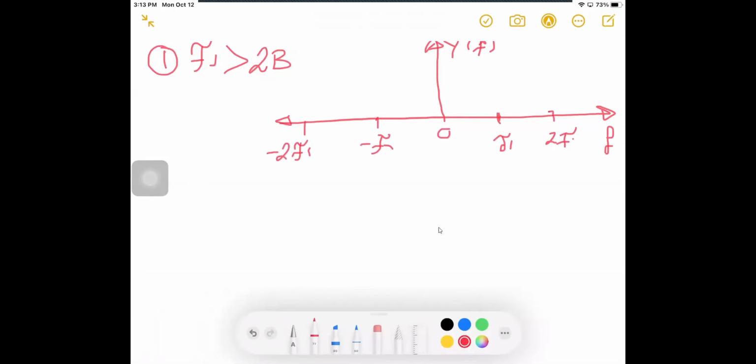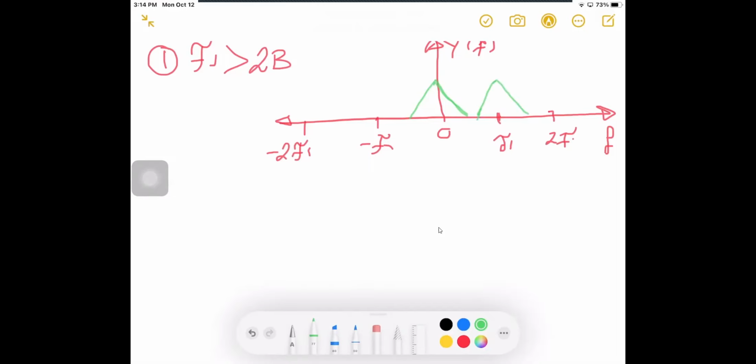Now, we said that the first replica appears at 0. Now look at condition number 1. In condition number 1, we said that fs must be greater than 2b. So this will be the second replica.